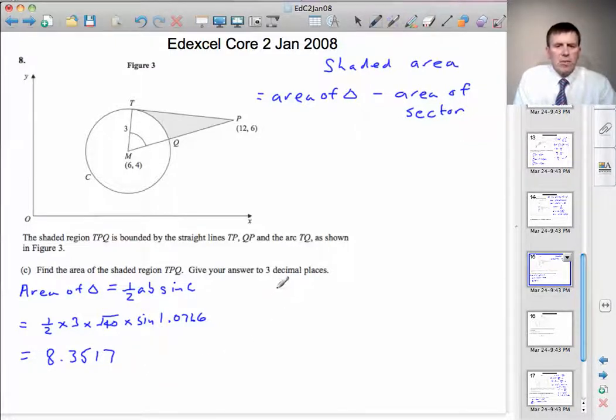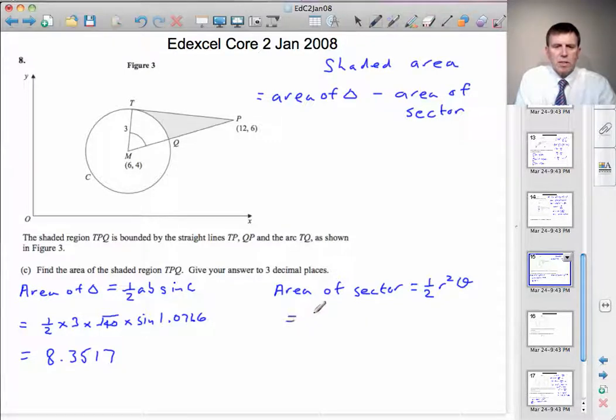Now the area of the sector. And the formula for that is a half r squared theta, where r is the radius and theta is the angle in radians.